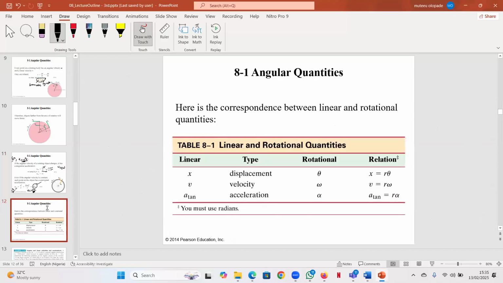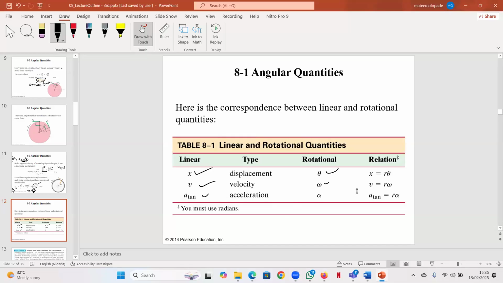Now, some of the relationships between the angular, the rotational, and the linear. For the linear, we have X, while for rotational, we call that theta. For linear velocity we have V, while for rotational we have omega. Then you have the linear tangential acceleration, A tan, and A tan is equal to what?